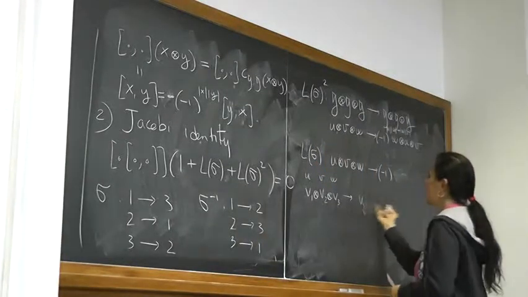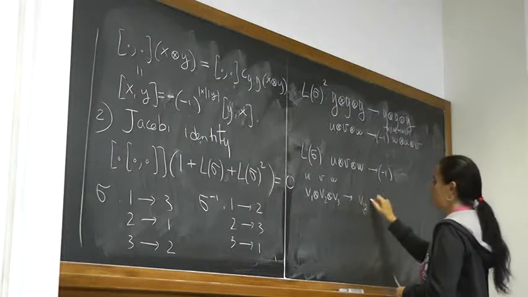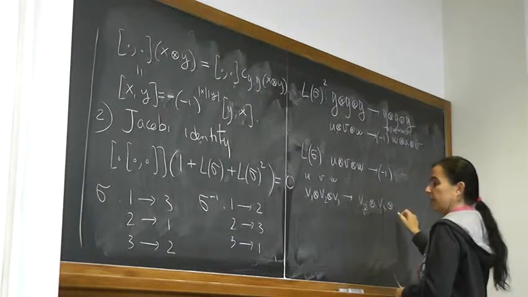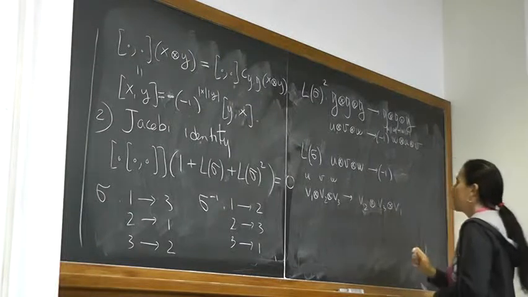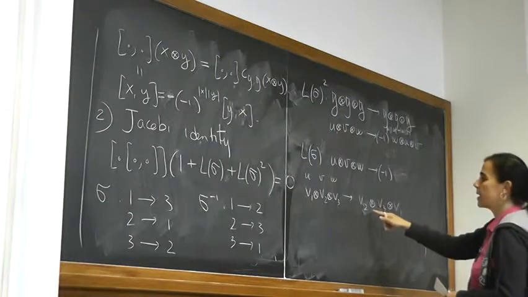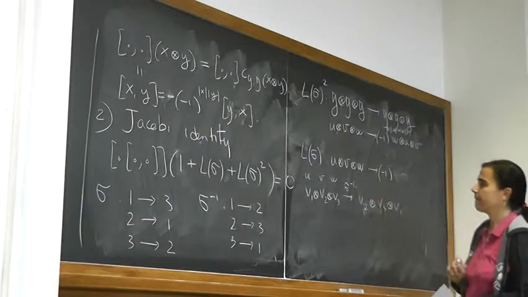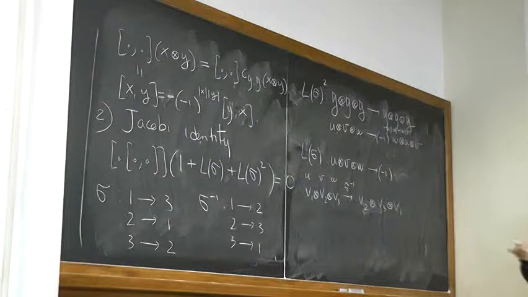So this is V2, V3, and V1. So this is sigma minus 1. I'm sorry, Fabrizio is sitting here getting very discouraged.